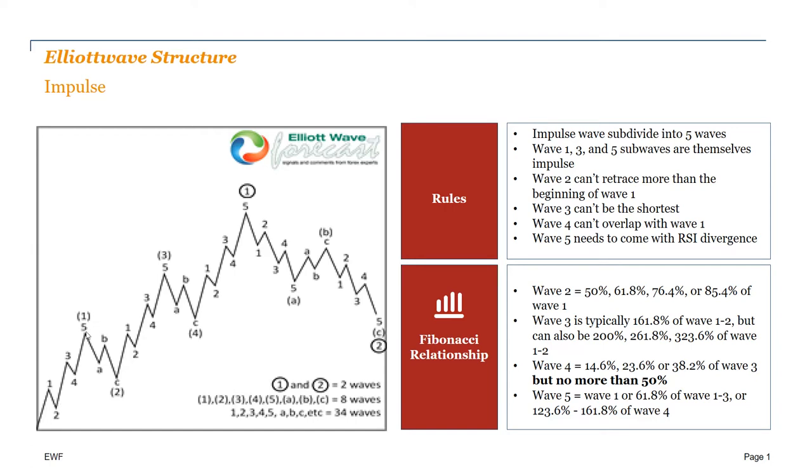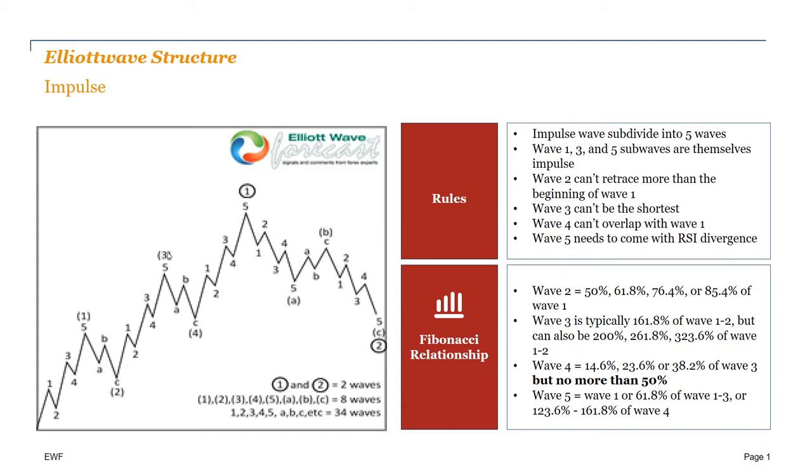So we can see that these 5 waves all together make up a wave 1 of a higher degree structure, right? So we got a wave 1 of a higher degree, and then a wave 2 of a higher degree, wave 3 of a higher degree. Now you can notice here that the subdivision of wave 1 of a higher degree needs to be in 5 waves.